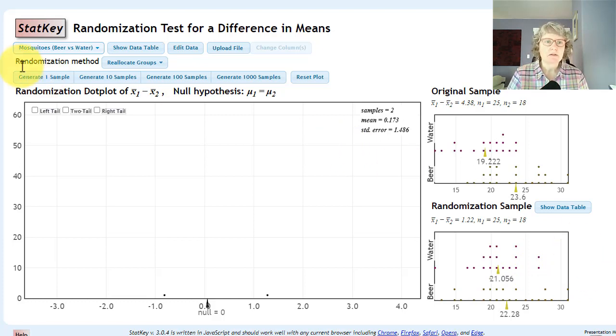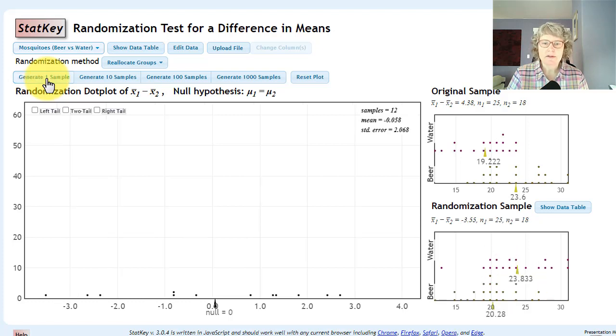I'll do that again. The beer is slightly higher. The difference here is 1.22 mosquitoes, so that's this dot right here, a little over 1 mosquito per person. Let's do a few more. Each time we're just randomly reassigning the people into the two groups.